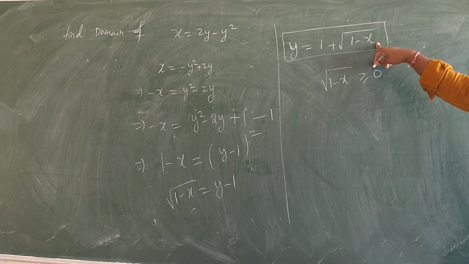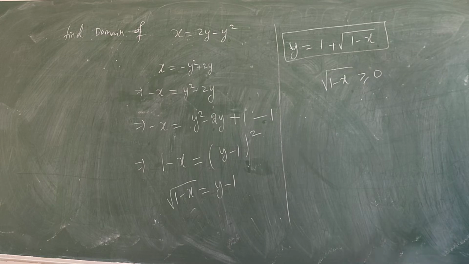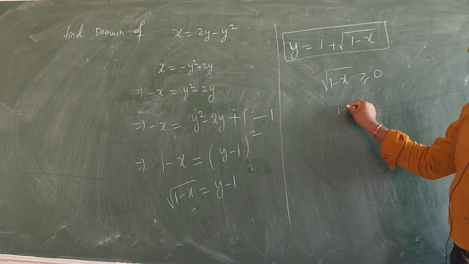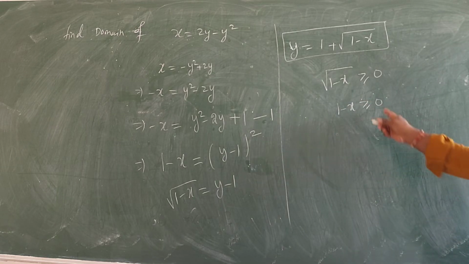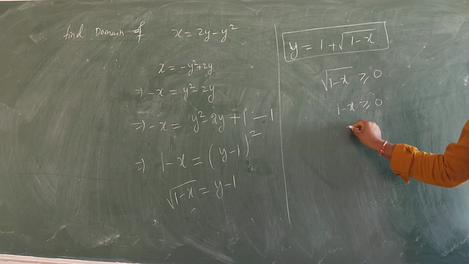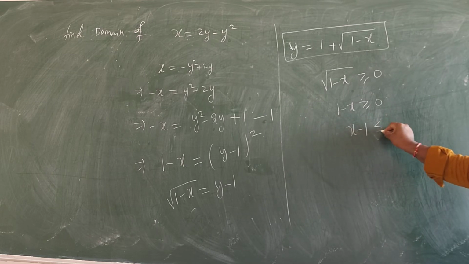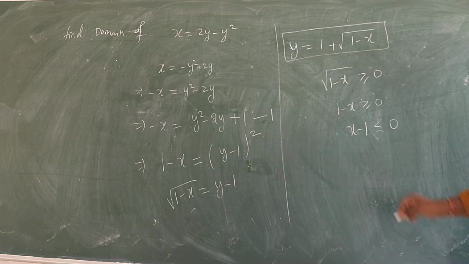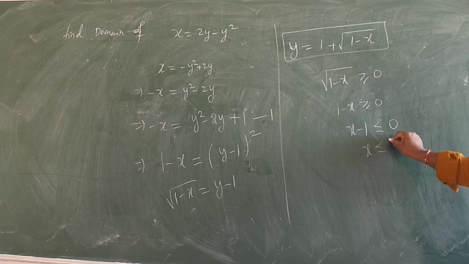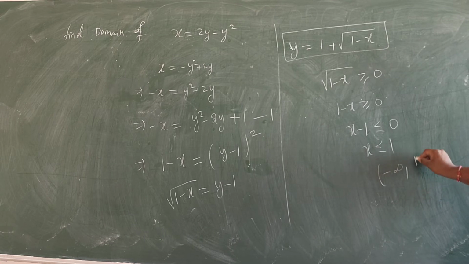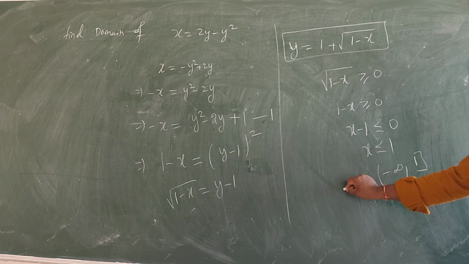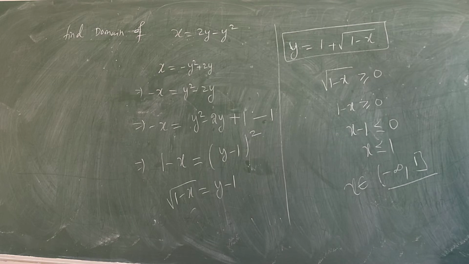Squaring on both sides, 1 minus x greater than or equal to 0. If I multiply with a minus sign, x minus 1 less than or equal to 0. So x less than or equal to 1. So x less than or equal to 1 means what? Minus infinity to 1 closed is the domain of this function.